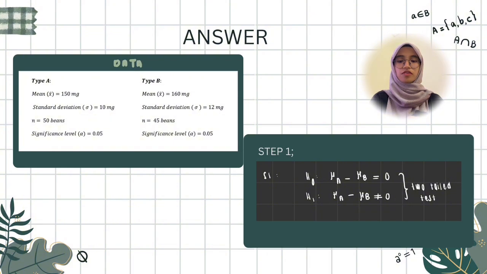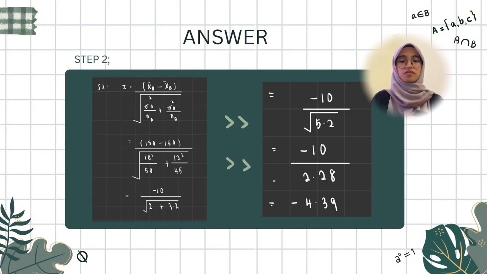First, we need to compute the various terms, which is 100 divided by 15 equal to 2, and for type B, 144 divided by 45 equal to 3.2. So, the standard error equals 2.28. Substituting gives z equal to negative 4.39.